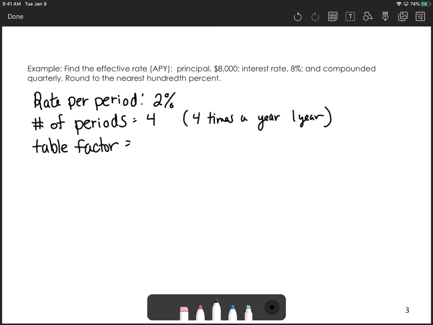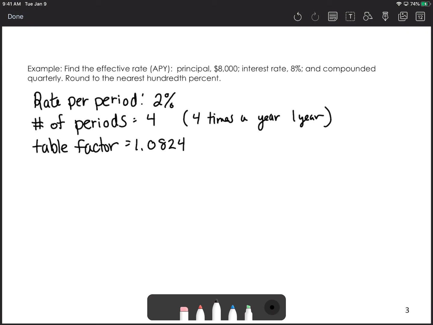Now you're going to find the page in your student handbook that in the upper right hand corner it says 2%. Then you're going to scroll down in the first column that says 12.1, and you're going to find the number of periods that is 4. Then when you look at your table, you're going to find that the table factor is going to be 1.0824.